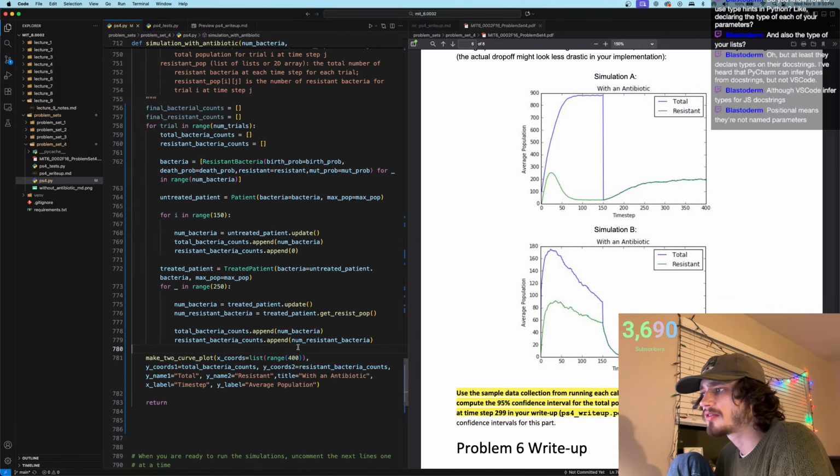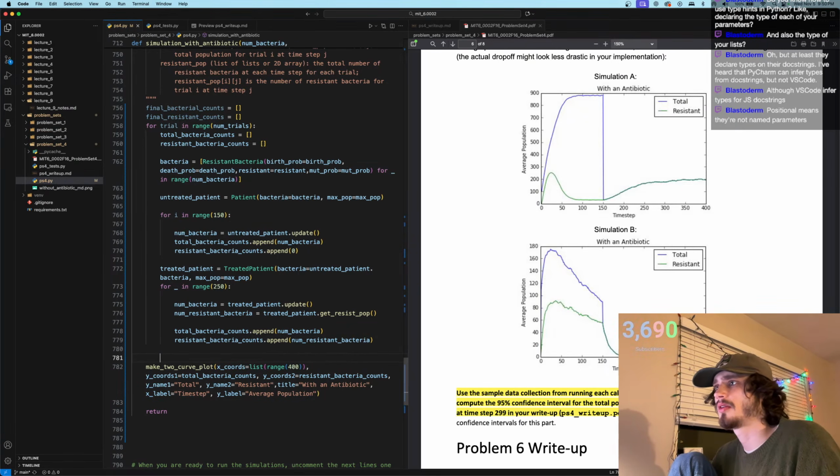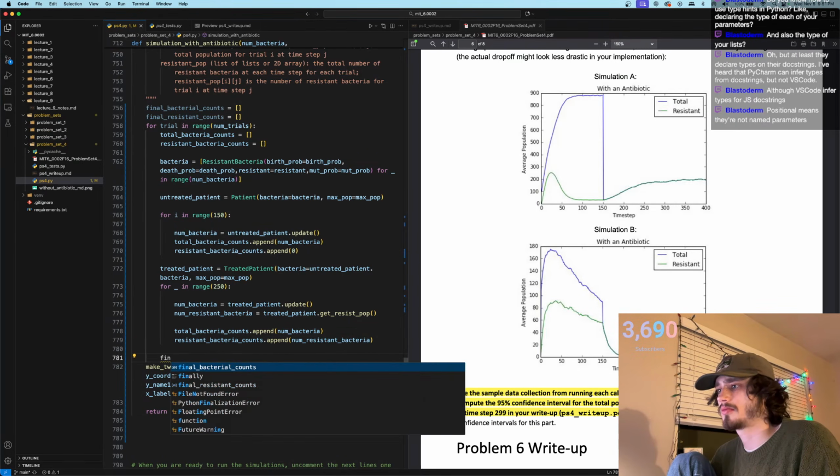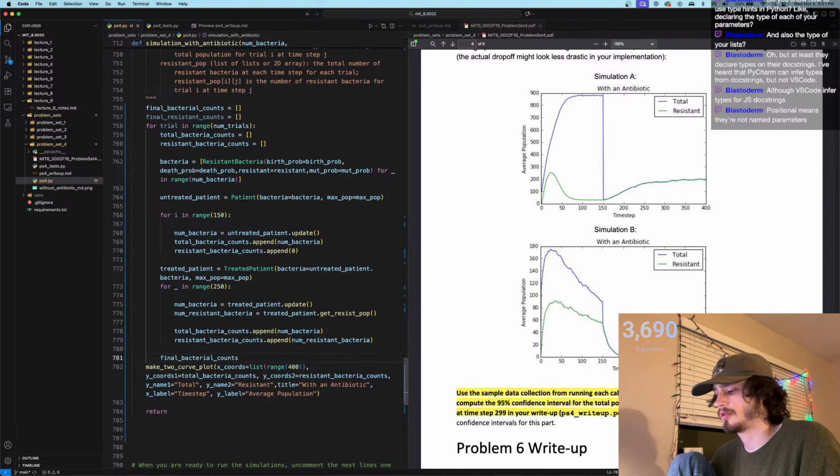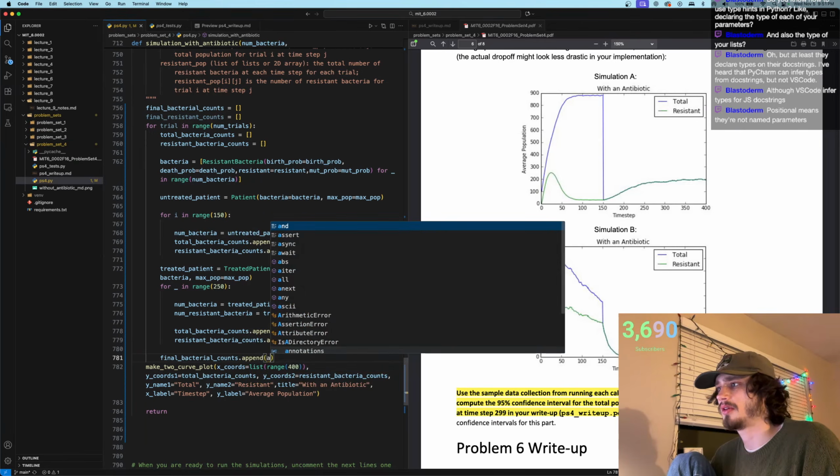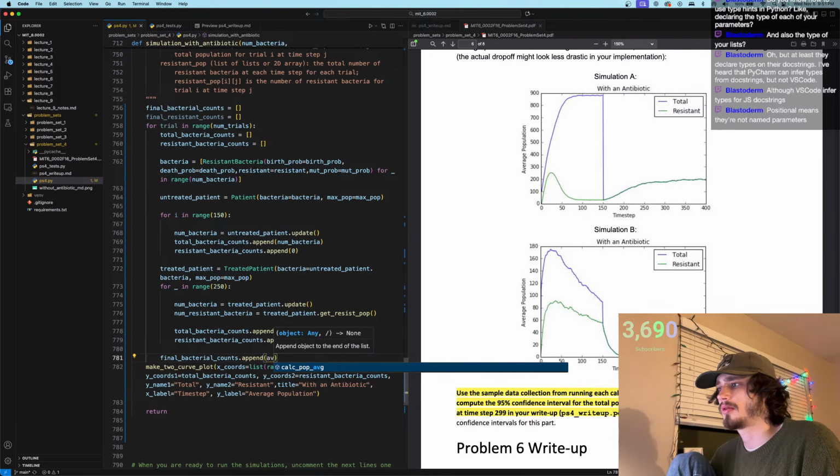So then at the end of the simulation, we're going to append final bacterial counts dot append the average.